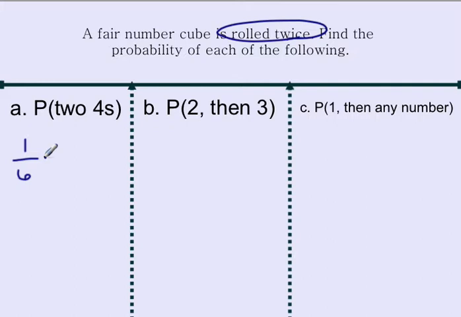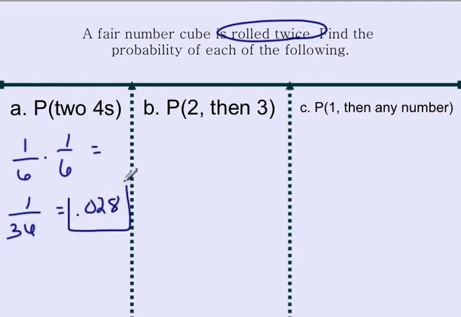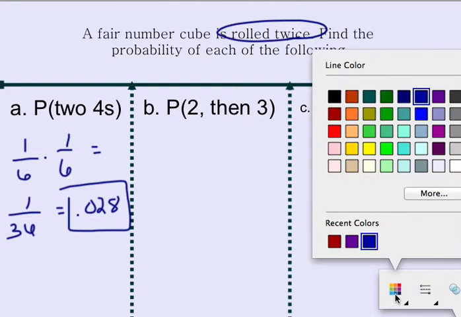Yes, I just rolled a 4, but I'm still equally as likely to roll a 4 again, so it's 1 over 6 yet again. Now we multiply. 1 times 1 is 1, and 6 times 6 is 36. When you multiply fractions, you multiply both the top and the bottom. So I get 1/36, which is 0.028. That's your first probability.